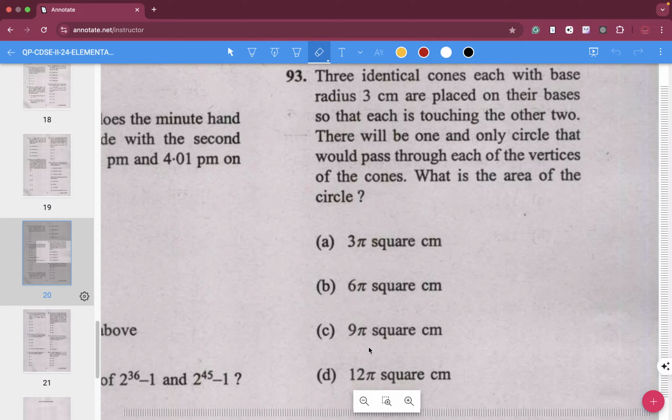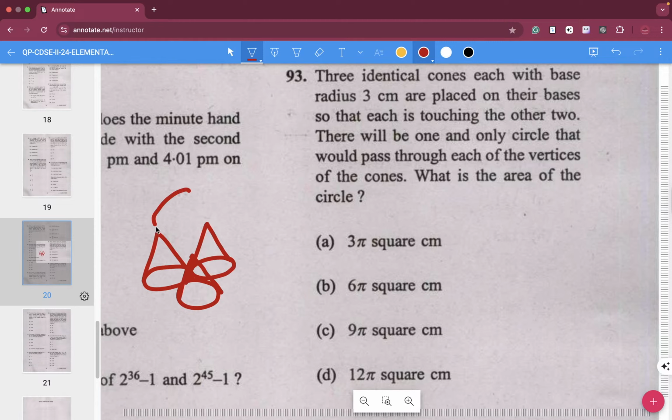Three identical cones, each with base radius 3 centimeter. So we have 3 cones, three different cones like this, and each of these cones is touching each other. Imagine that in 3D.